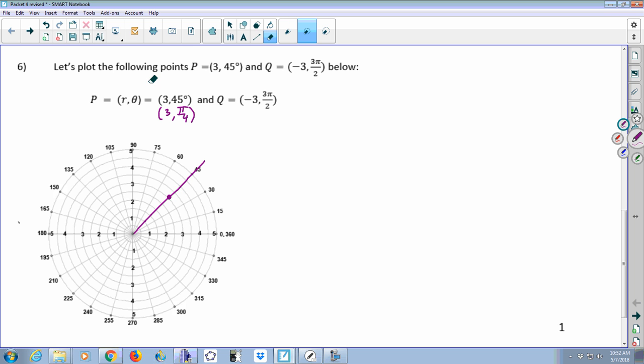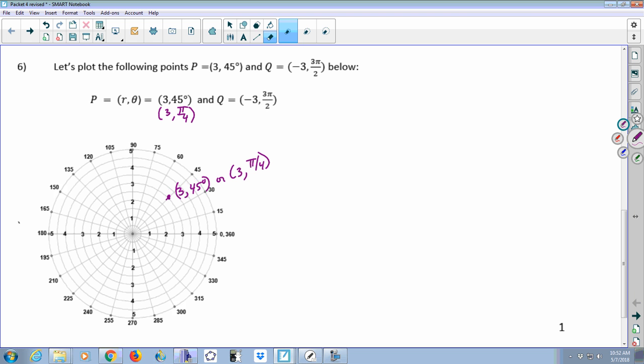That point corresponds to (3, 45 degrees), or (3, pi over 4) in polar land. So 45 degrees and out till you hit that third concentric circle.